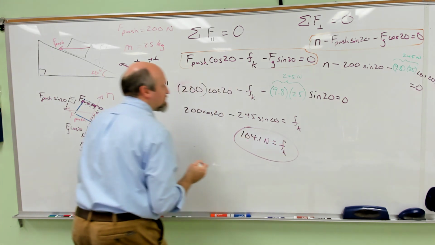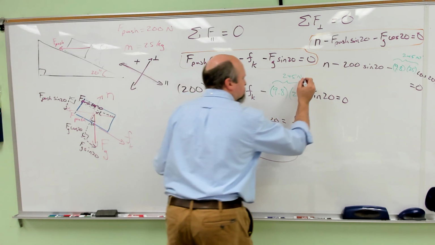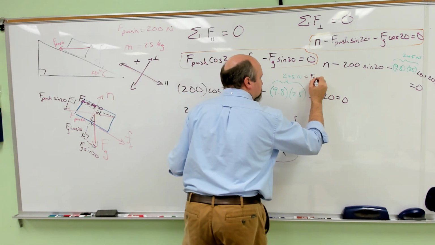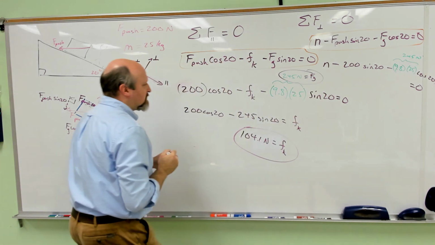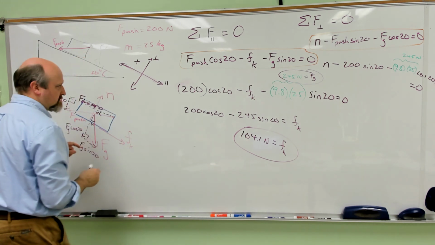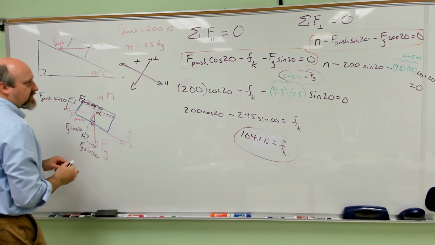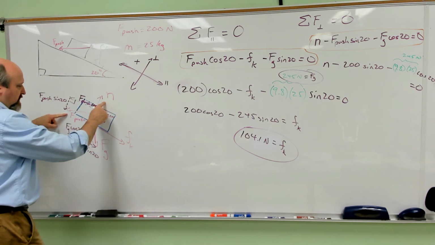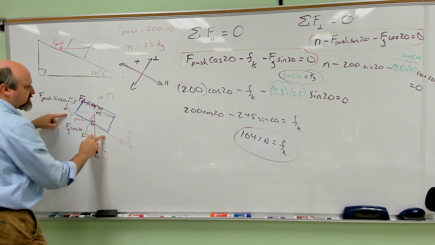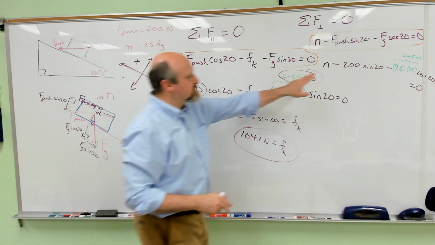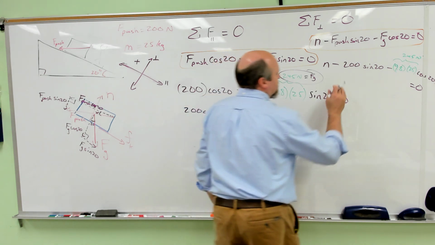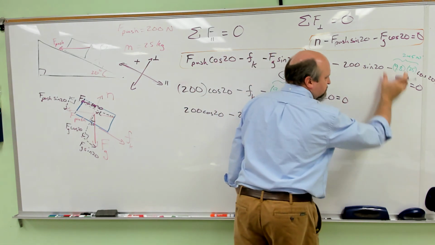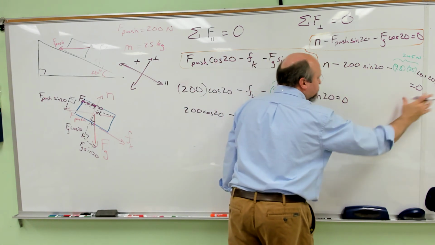Okay, and that's that one solved for, right? So now we have force push, friction, and gravitation. Just one left to solve for. Normal force, okay, that's in this equation. Again, I want to get normal by itself, so I'll just move these other terms to the other side. I'll just add them both over to the other side.